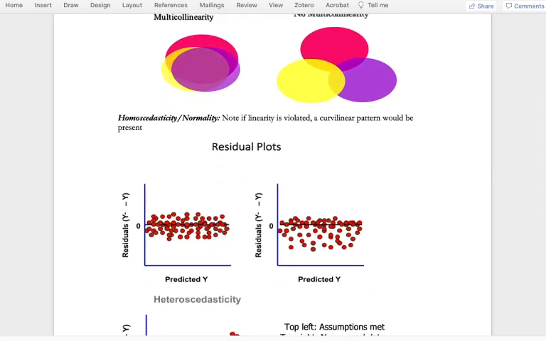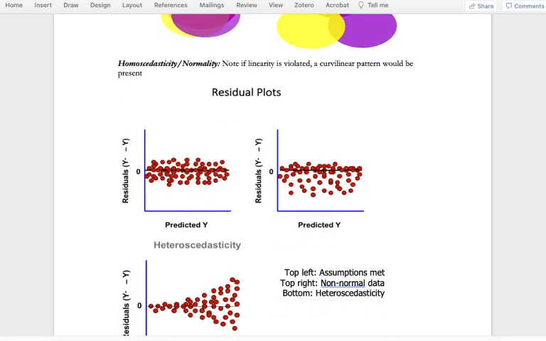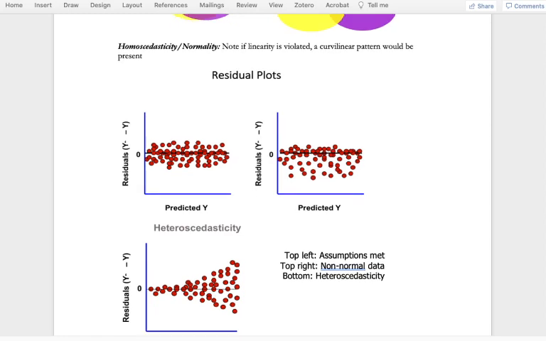Now, this plot that I was just talking about is what we actually use to determine if there's normality of errors, and that there's homoscedasticity of errors.